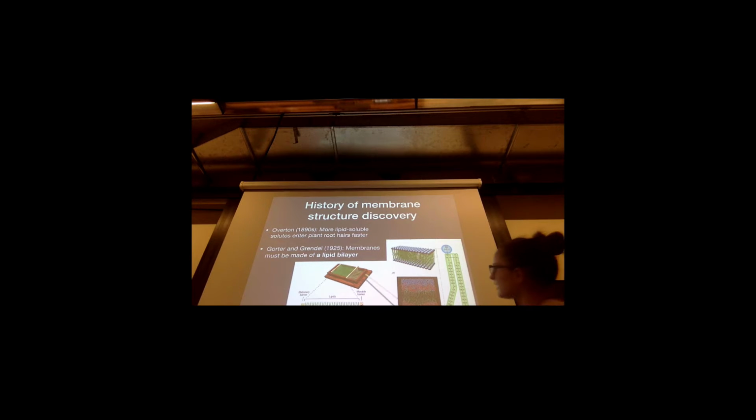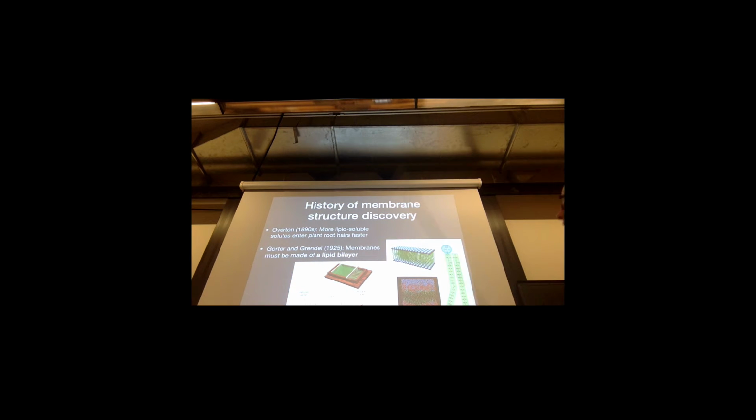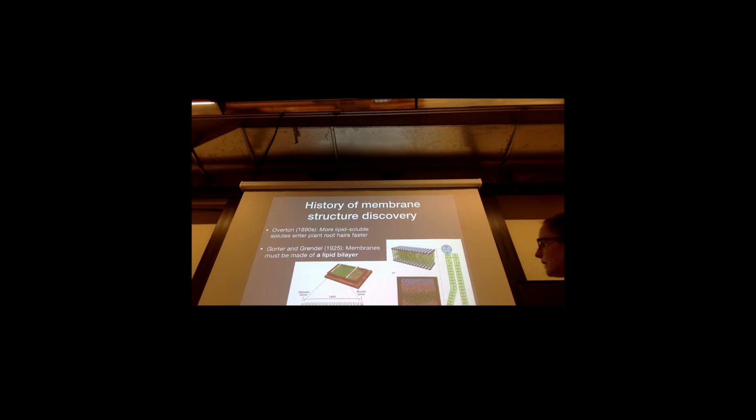The device is like a square that contains water, just a solution, and they put the extract of these cells on top of it. And basically it looks like this.